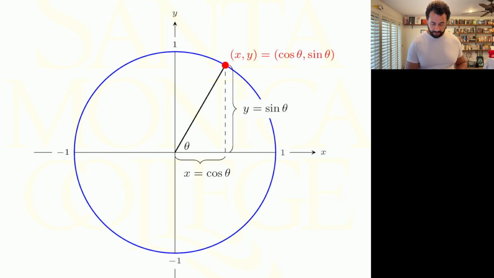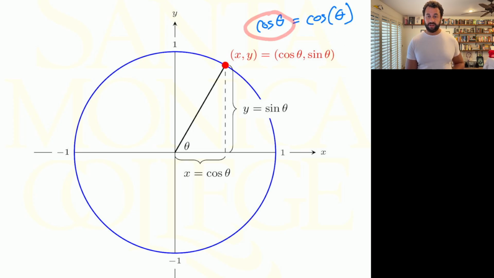Okay. Another note about notation here. This is one of those situations where cosine of theta is equal to cosine theta. So understanding the function notation is going to be really important in this chapter. Because things can get really cluttered with what we're going to explore coming up here, we like to just omit the parentheses and write cosine theta. But these are just functions, okay?